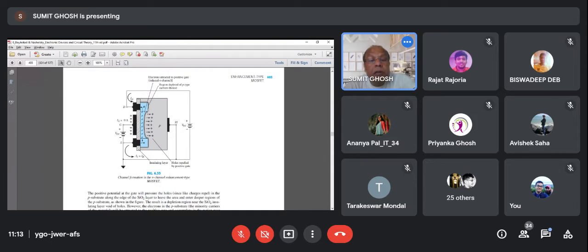And this substrate is connected to the source, which means it is at zero potential. Yes or no? Yes, sir. So there is zero potential on the p-type, and on the n-type at the source, this n-type is also at zero potential.